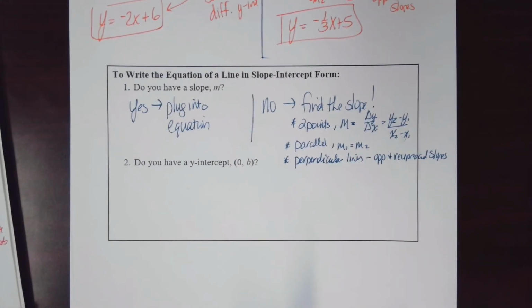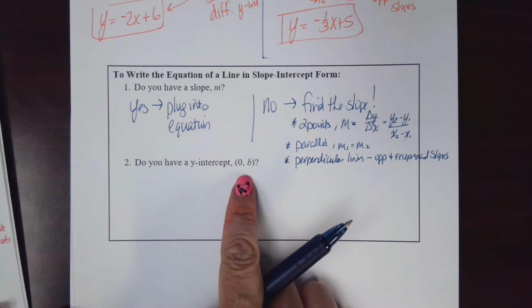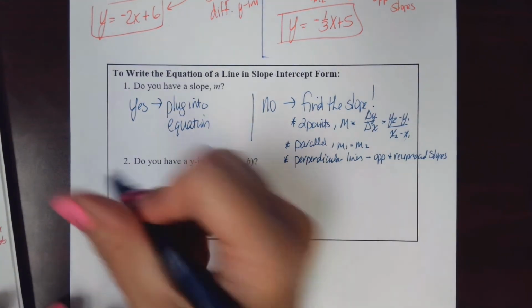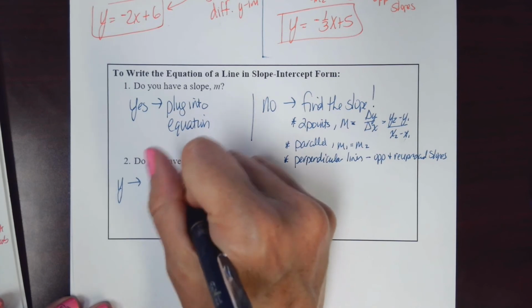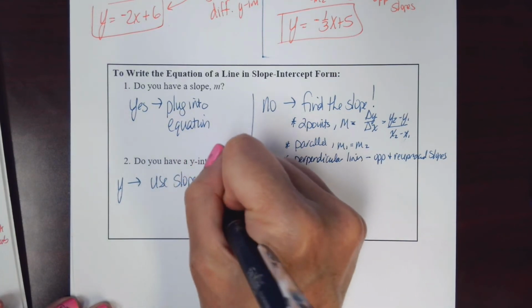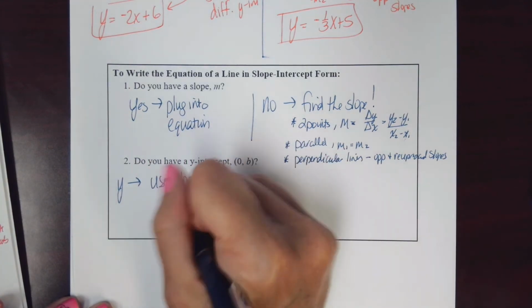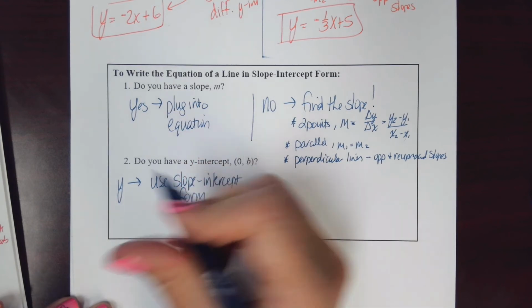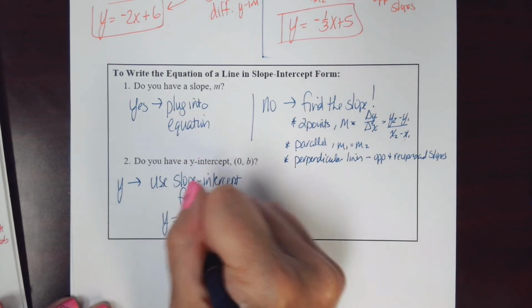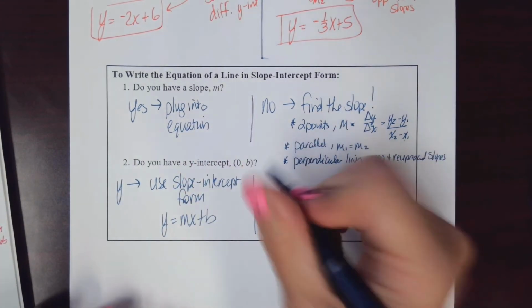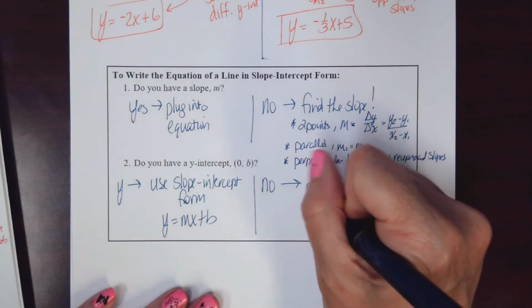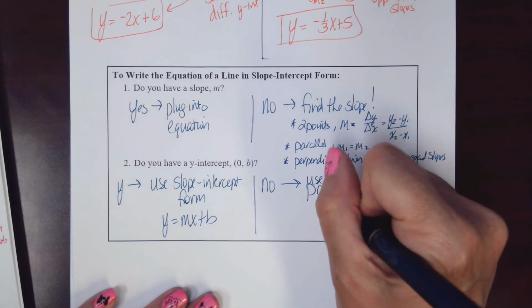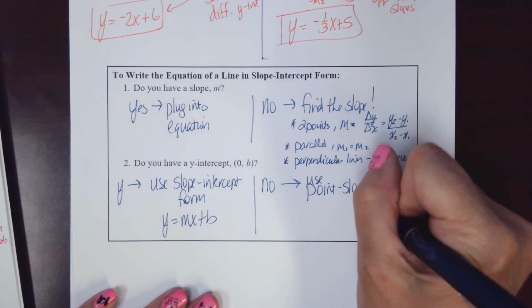All right, your next question. Do you have a y-intercept? If the answer is yes, you're going to use the slope-intercept form. If your answer is no, you don't have a y-intercept, you have a point, but it's not the intercept, then you have to use the point-slope form of the equation.